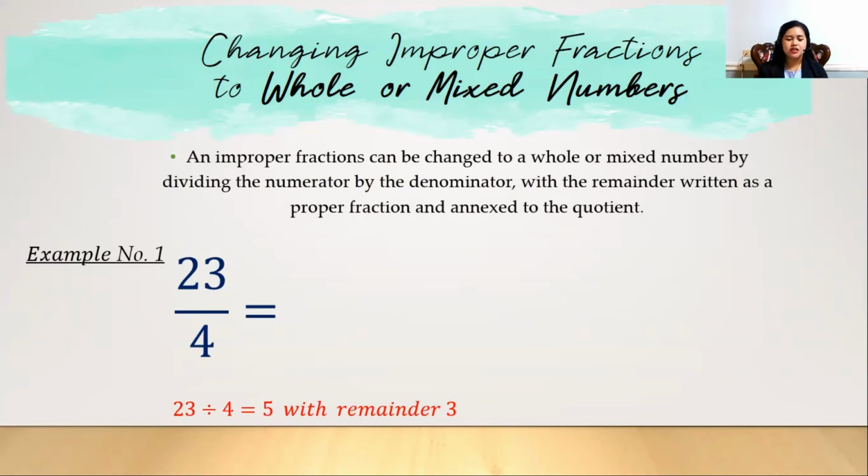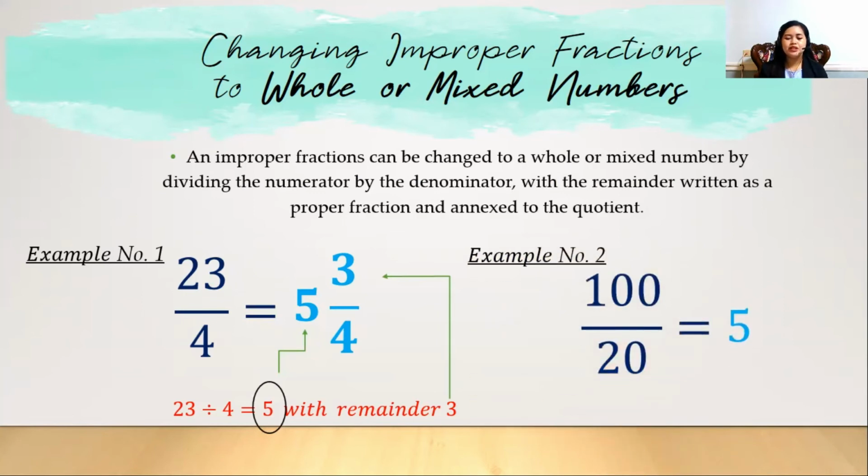To rewrite this as the mixed number form, we take 5 as the whole number, use the remainder 3 as our new numerator, and copy the original denominator, which is 4. So 23 over 4, an improper fraction, is equal to its corresponding mixed number form, which is 5 and 3/4.